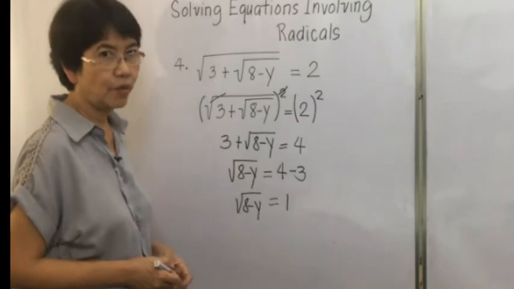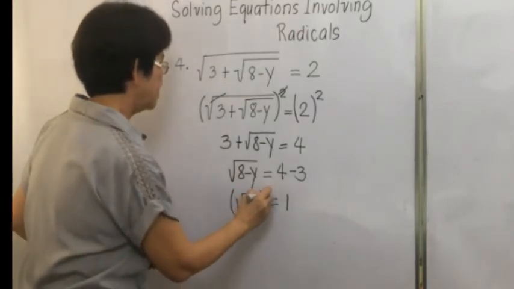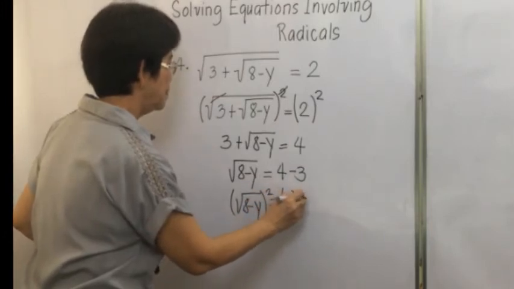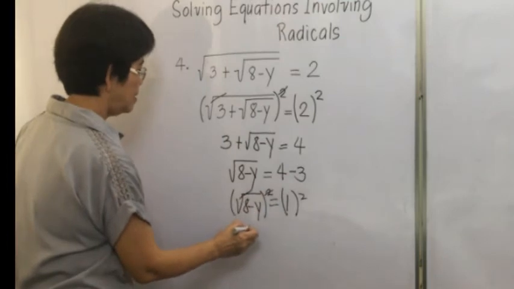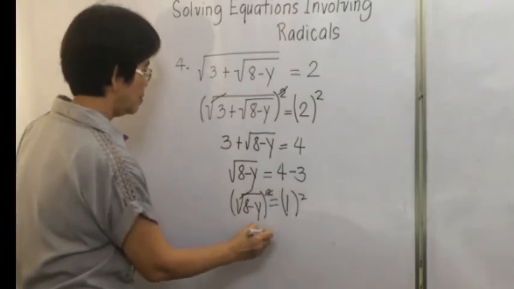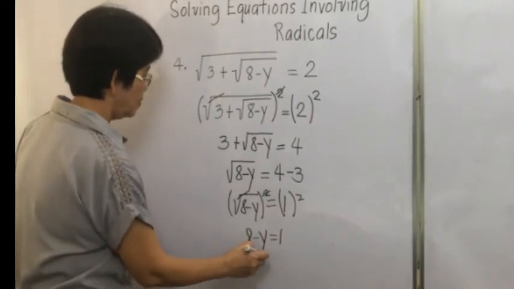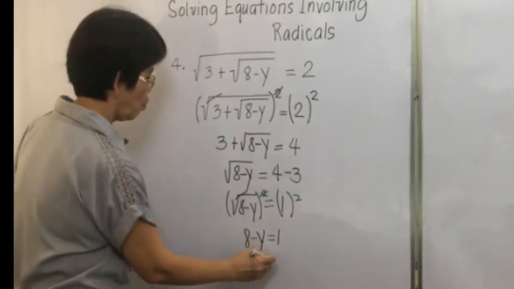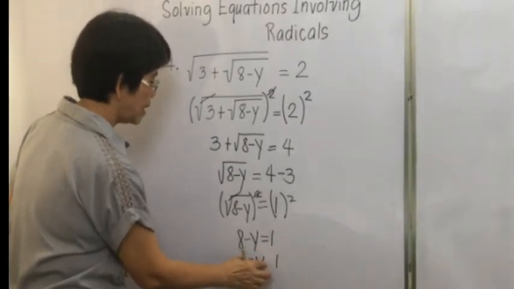And we can, once again, square both sides. So squaring both sides, we have 8 minus y is equal to 1. And we have negative y is equal to 1 minus 8.